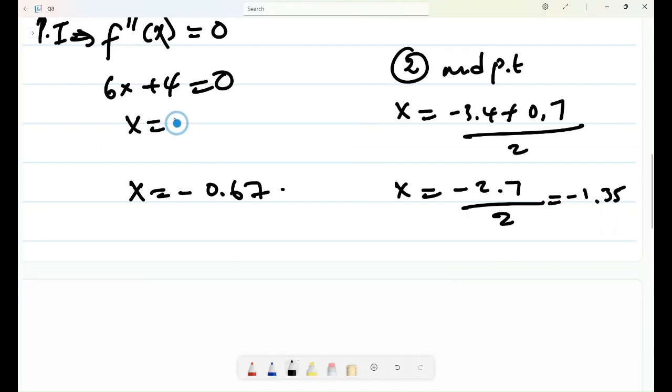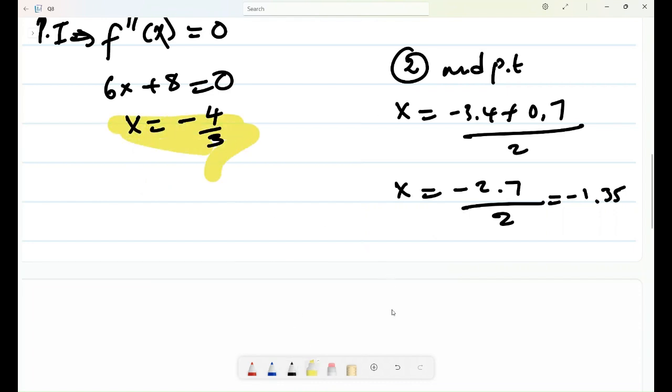Here let's just fix this. I don't want to waste any further time. So just take the second derivative, it will give you the most correct answer.